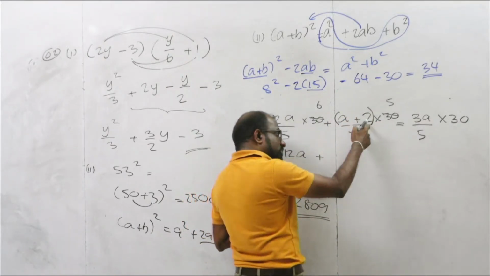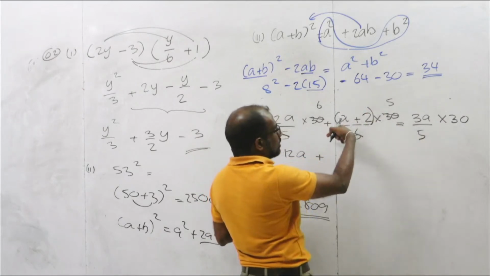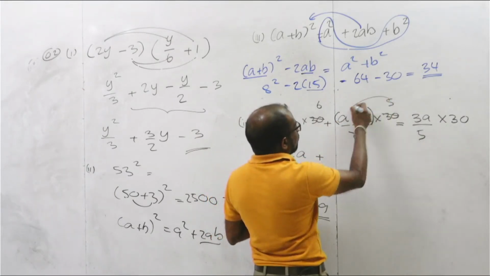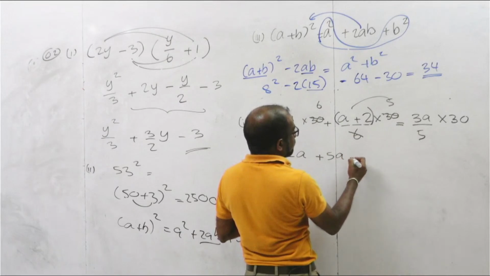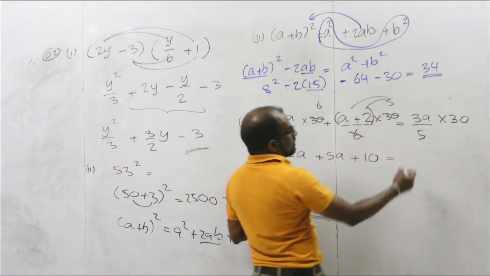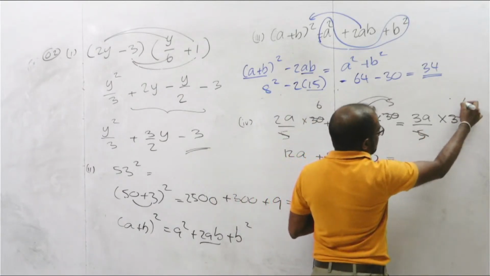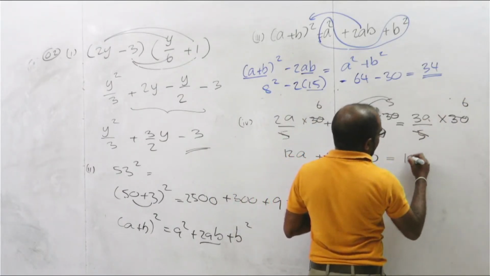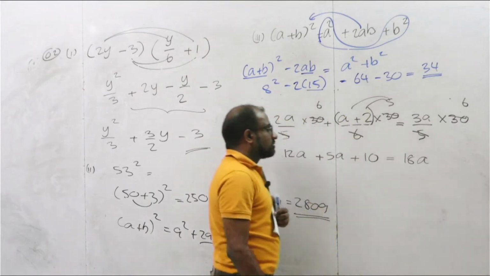a plus 2 expression in brackets. We'll remove the brackets and write: 5 into a, 5a. 5 times 2, 10. Other side, 5 times 1, 5 times 6. 6 into 3a, 18a. Right.